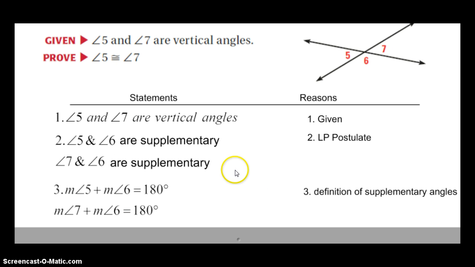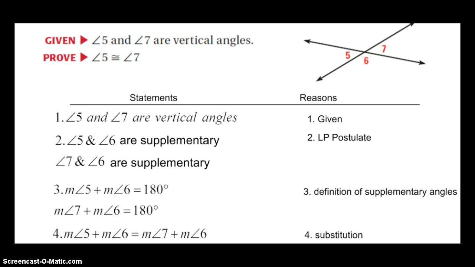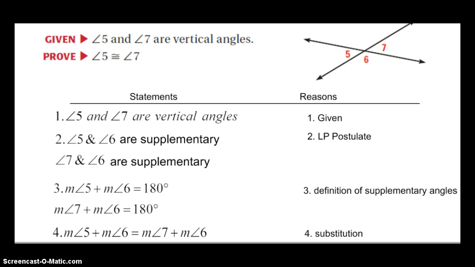Now you will see that each of these equations is equal to 180 degrees. So when we see that equality, we have two equations that are equal to the same value, we could then substitute and set them equal to each other. So our next step is going to be substitution, and we're going to say that the measure of angle 5 plus the measure of angle 6 equals the measure of angle 7 plus the measure of angle 6.